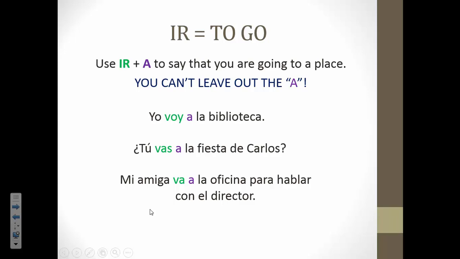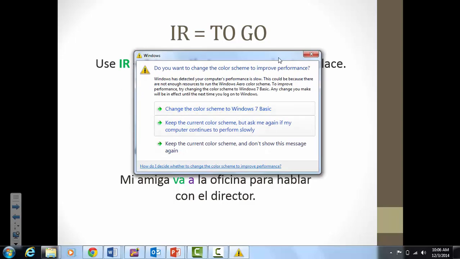Mi amiga va a la oficina para hablar con el director. My friend goes or is going to the office in order to talk with the principal. So remember, we have to use a form of ir to say where someone goes or is going, and we have to use a to say they're going to.